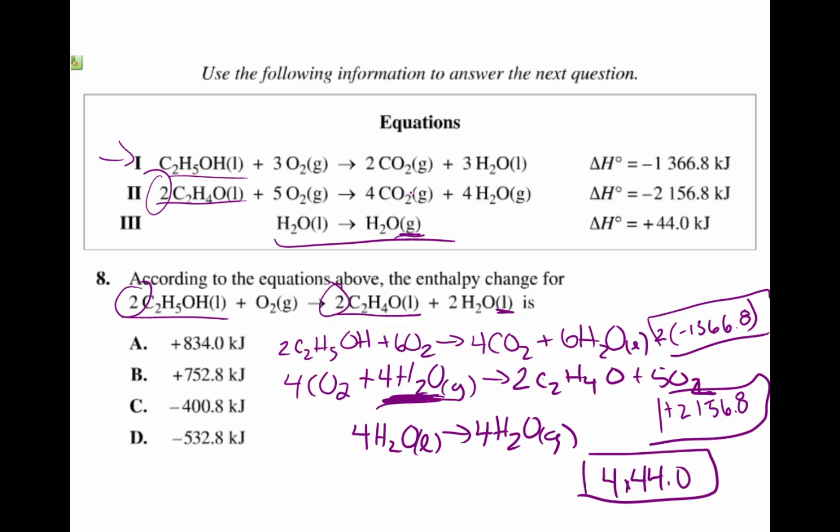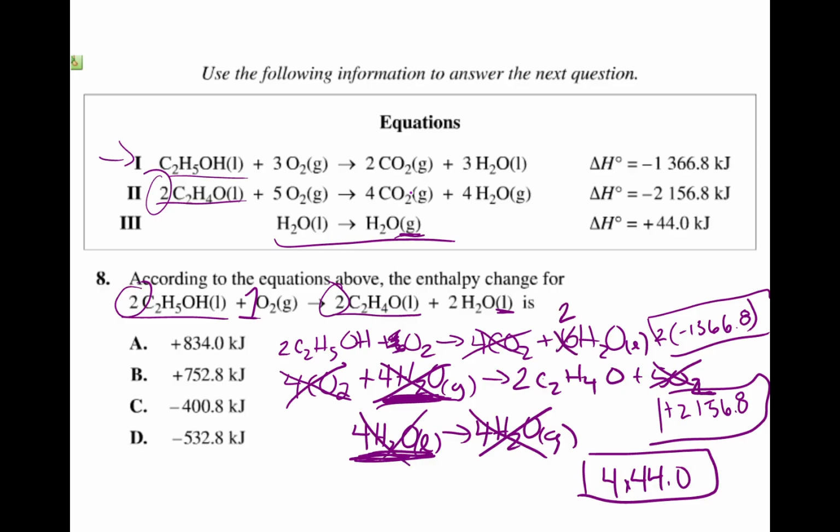And what I'm going to notice now is everything I don't need will cancel nicely. So the carbon dioxide cancels, the water in the gas state cancels, my 5 oxygens will cancel with 5 out of the 6 oxygens, leaving just 1, and that's what I want. And 4 of my liquid waters as a reactant would cancel with 4 out of the 6 of the liquid water on the right.